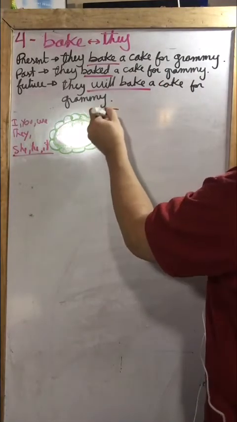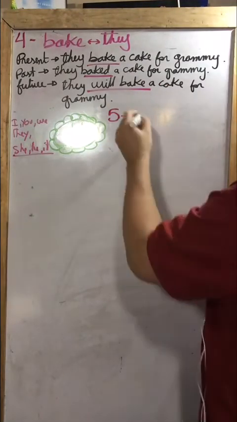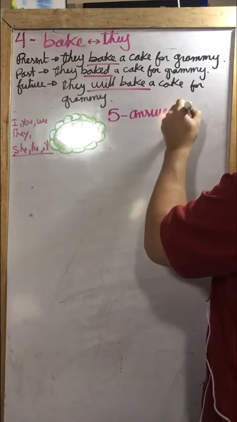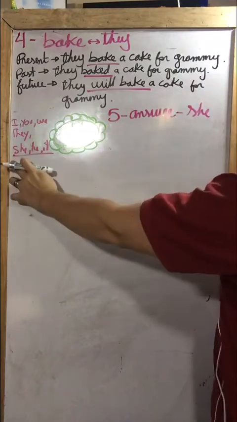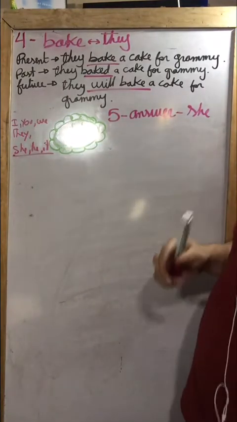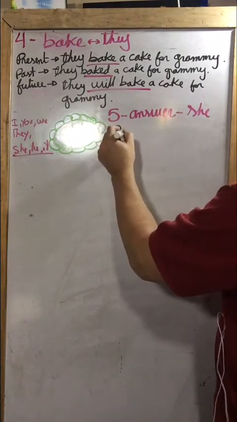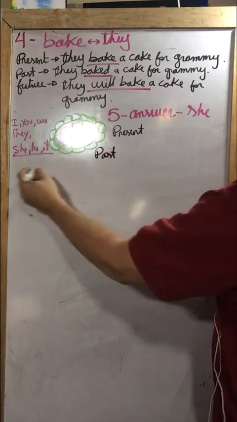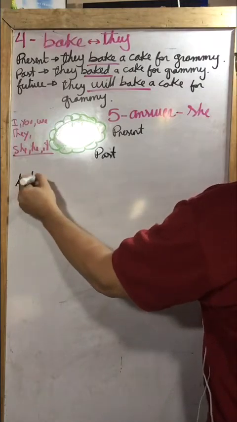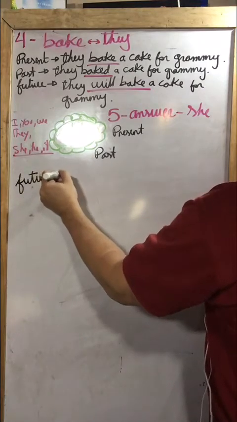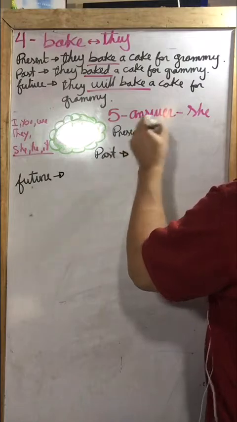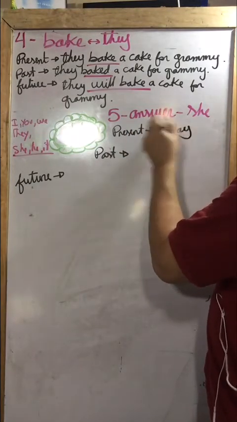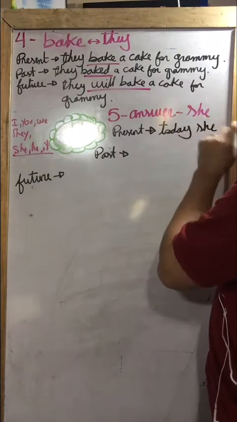Number 5. The word for number 5 is answer for she. See, that is the next. So I have the three tenses. I have present, past, and future. So if we use the words that determine the time, then I would say, today, she.